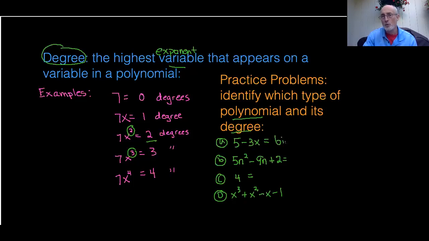It's got two terms. So that's what kind of a polynomial. And what degree is it? Okay, we go to the exponent on a variable. Well, here's my only variable, and it's just x. So that's like x to the 1, so it's 1 degree, okay? That's how I determine that.